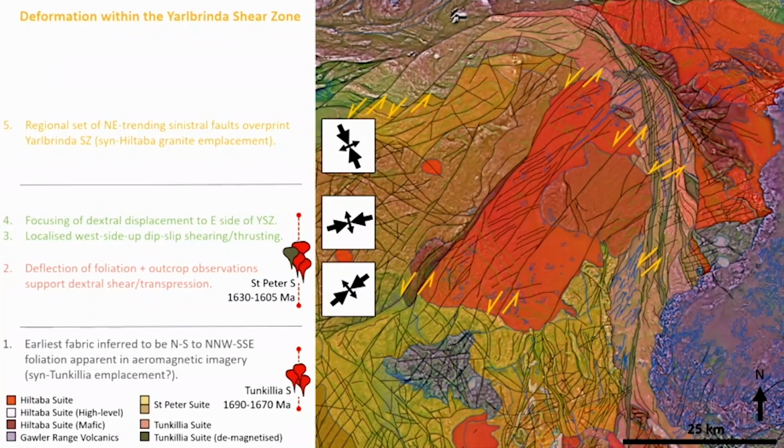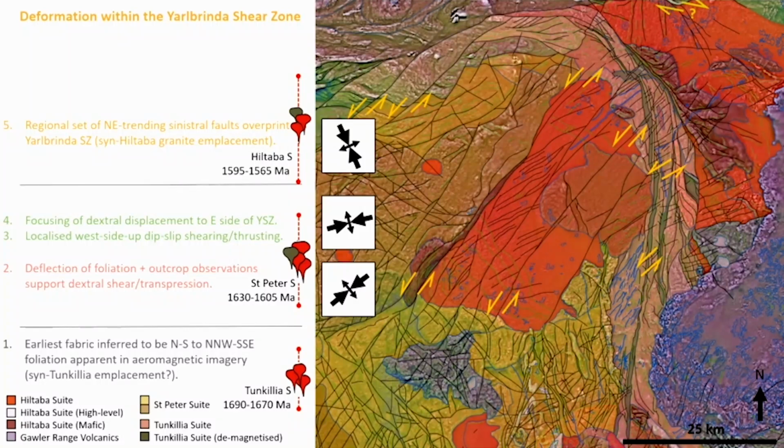The Yarlbrinda Shear Zone is cross-cut by northeast trending structures which show a sinistral sense of displacement. This change from dextral north-south shearing to northeast trending sinistral shearing suggests a change in the shortening direction from roughly east-west to a more north-south orientation.